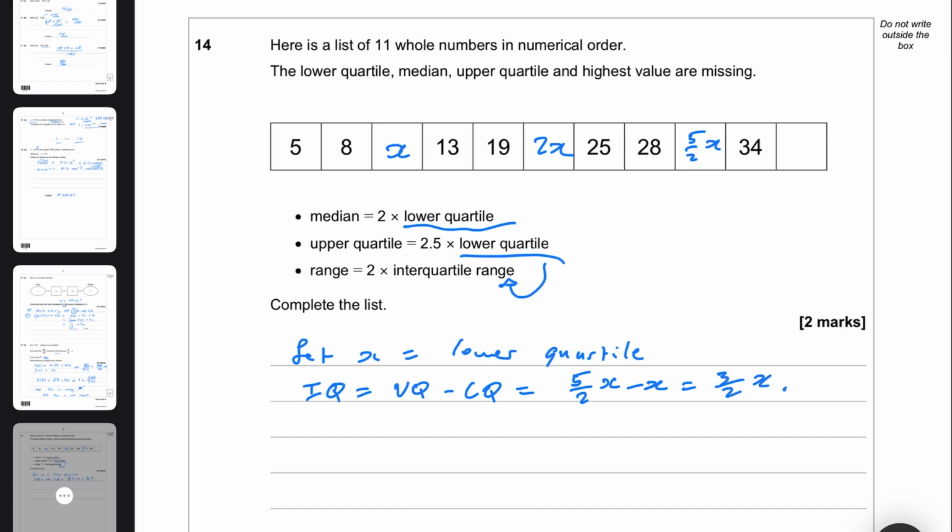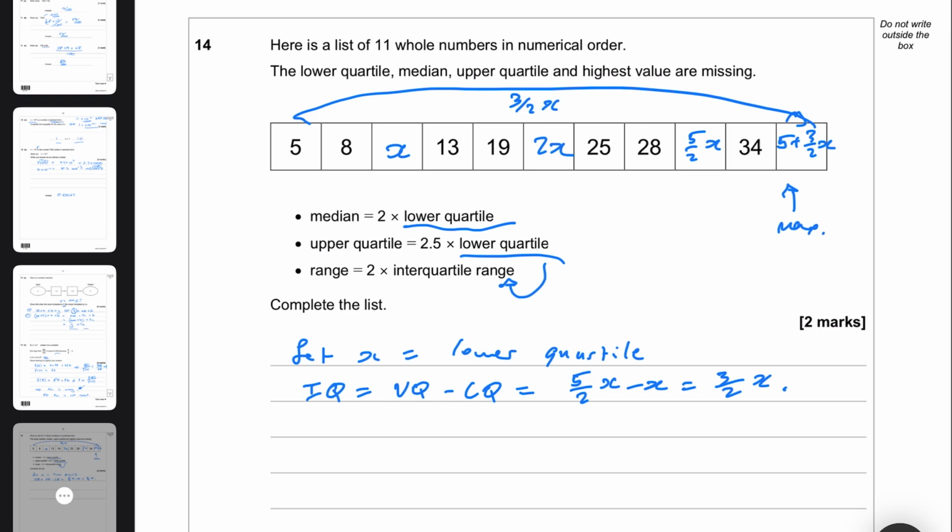Which means that this value, the maximum, is going to be equal to the range plus 5, so 5 plus 3 over 2 x. I hesitated there for a moment, but this does seem to be correct.